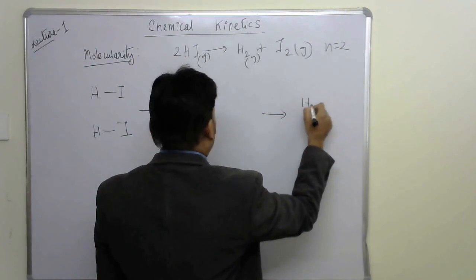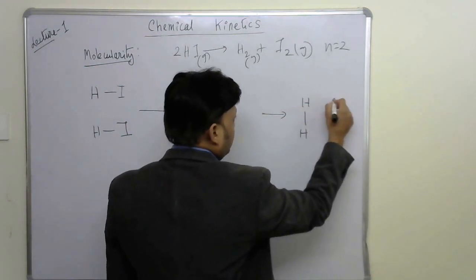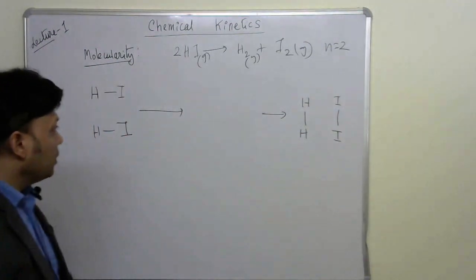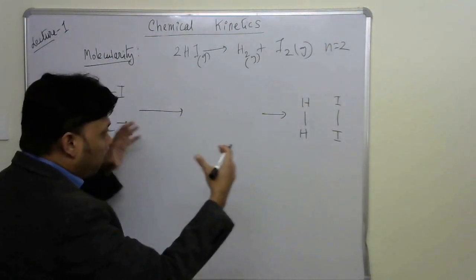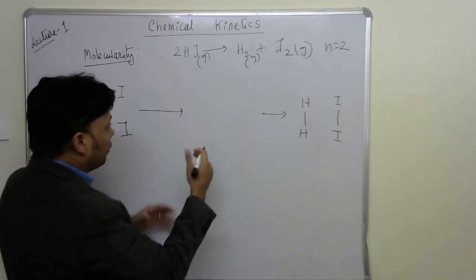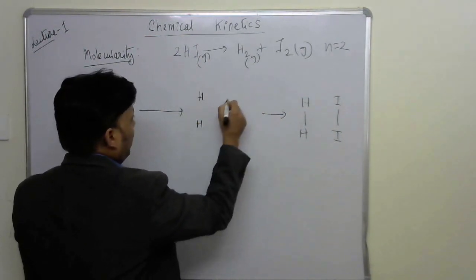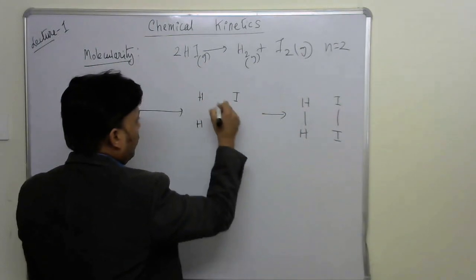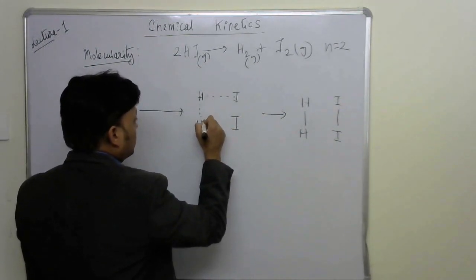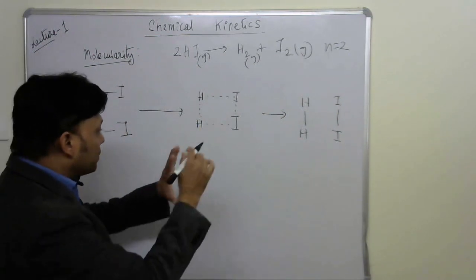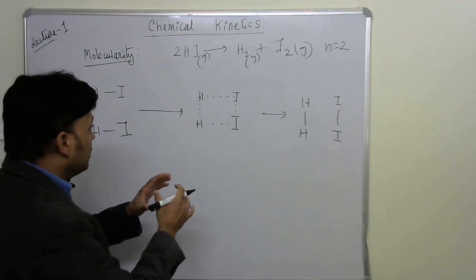The product is hydrogen gas and an iodine molecule. So what happens at the point of collision? At the point of collision, we can think that there is a hypothetical structure, which we can call a transition state, where at some point all the atoms are thought to be interconnected.